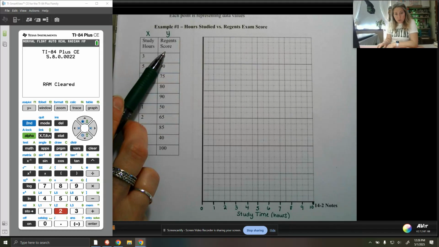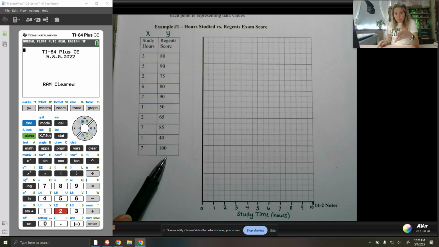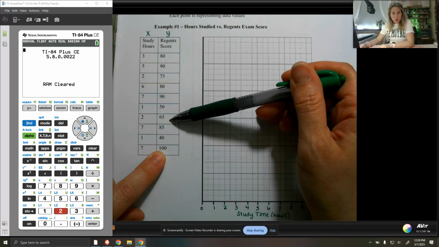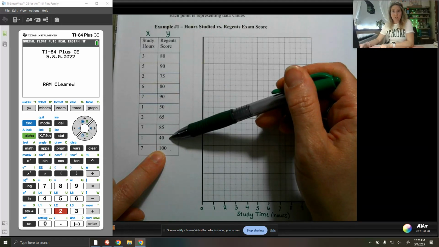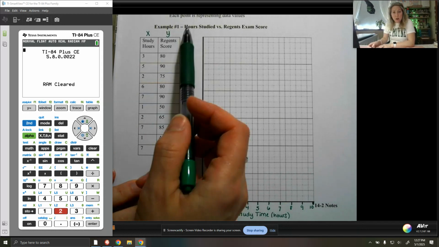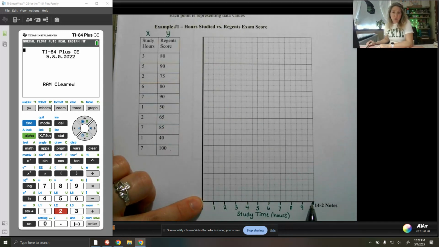Now what I need to do is look down the Regents scores. Okay, so it does look like our max score is 100. It looks like our minimum score was this 50. Oh, oof, I passed that 40 right there. Looks like our minimum score was this 40. Okay, so Y's, we need to really count up and see what we've got going on there because we knew we had plenty of space over here to fit our 7 hours as our max.